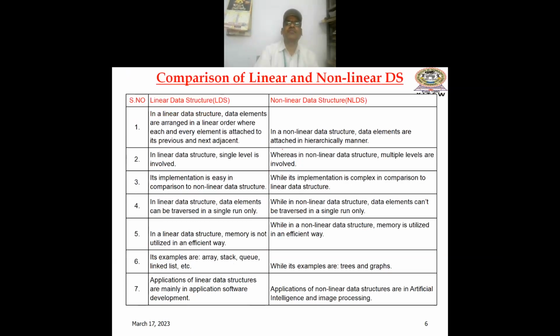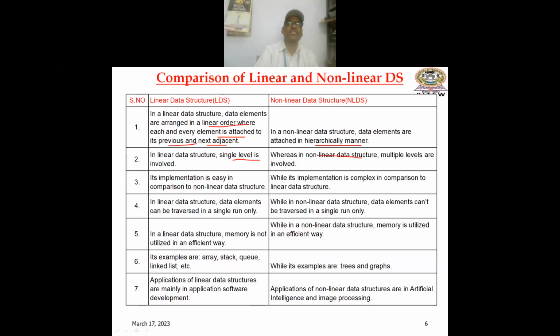So this is a comparison of linear versus non-linear data structures. All these points we have just discussed here. In linear data structures, data elements are arranged in a linear order where each and every element is attached to the previous and succeeding nodes. Whereas in non-linear data structures, data elements are attached in a hierarchical manner. In linear, a single level is involved, whereas multiple levels are involved here.